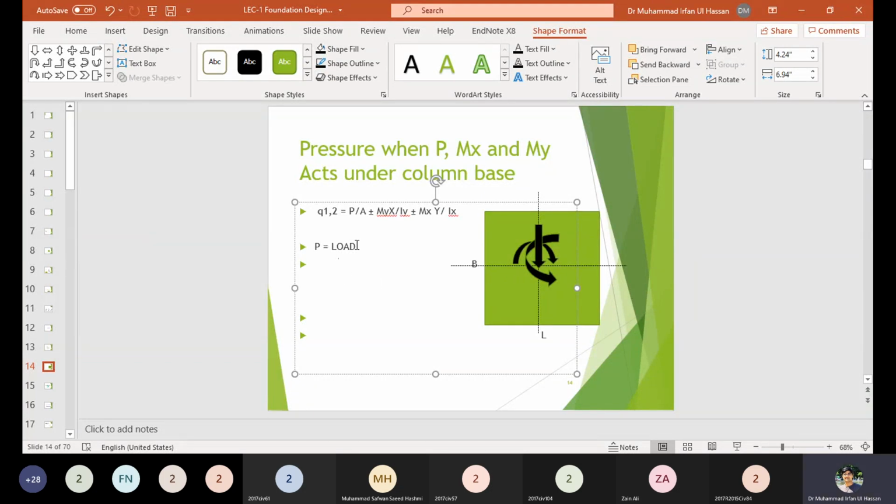So P is the load, and the moment is about the x direction. If I call this axis x and this axis y, then you have to see the effect of that moment.